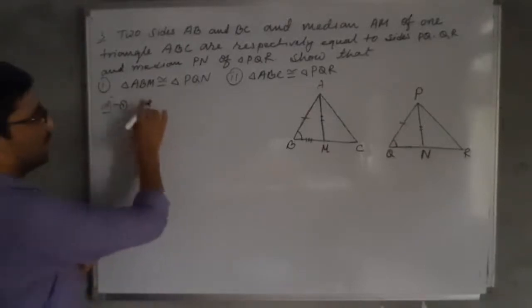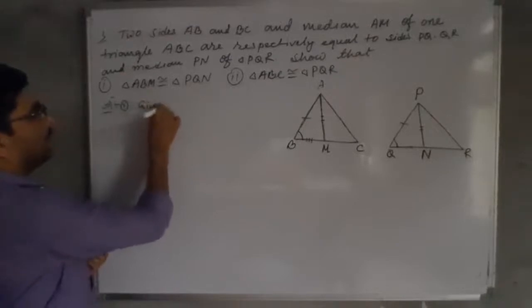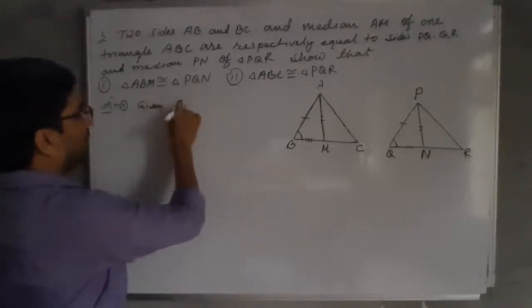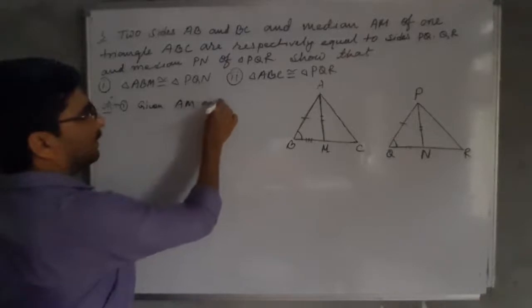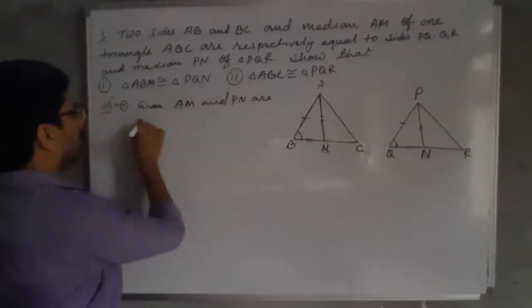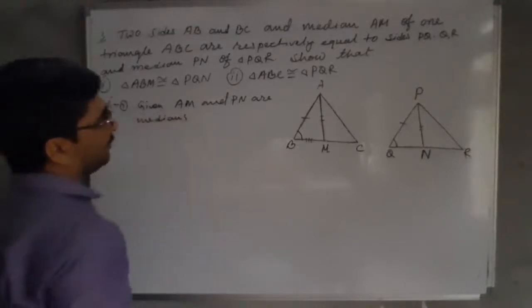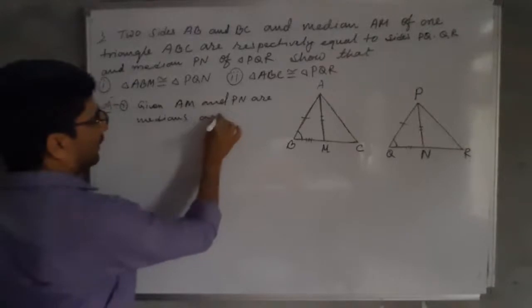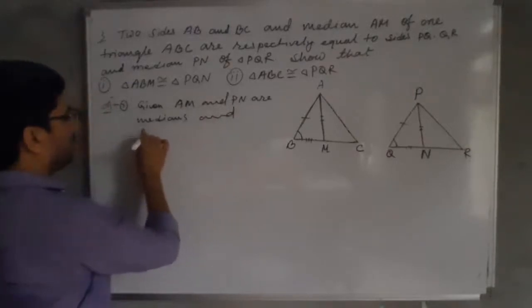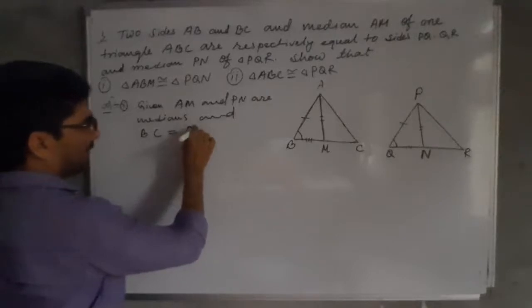Given, AM and PN are medians. And also BC is equal to QR.